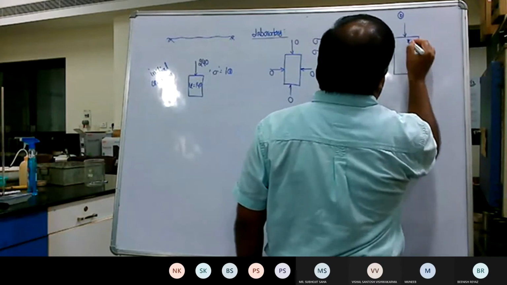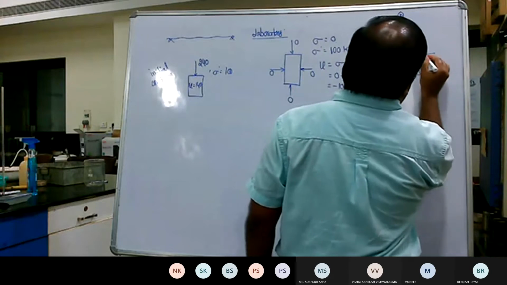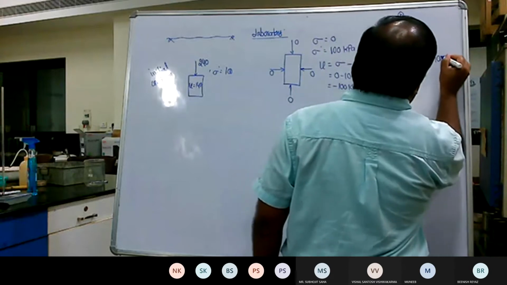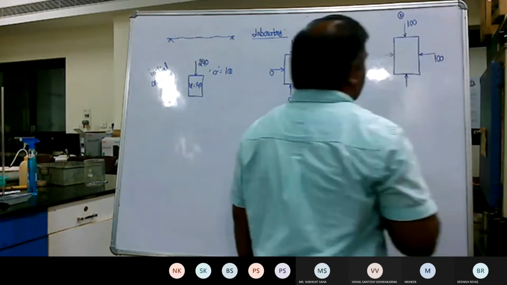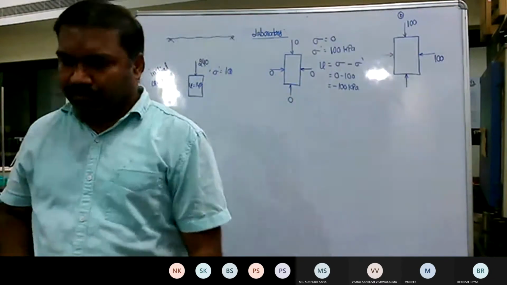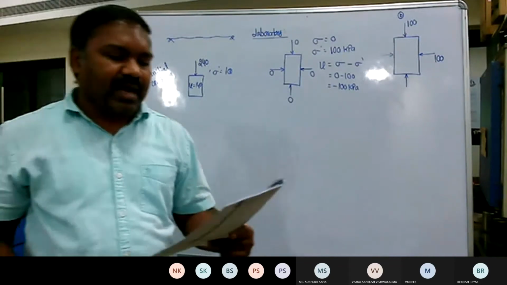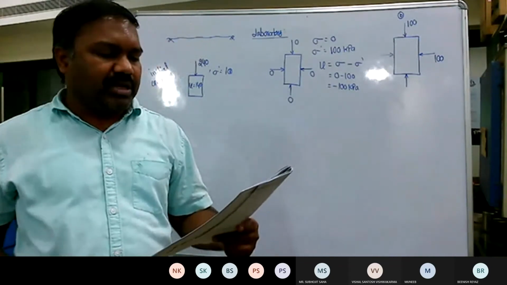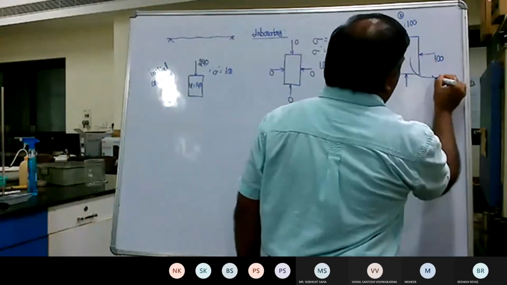So now this was consolidated with a pressure of 100 kilopascals. Is it okay? So this is the triaxial setup now. The sample was placed in a triaxial cell and subjected to a cell pressure of 100 kilopascals under undrained condition.